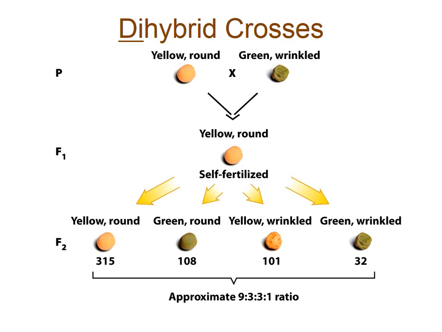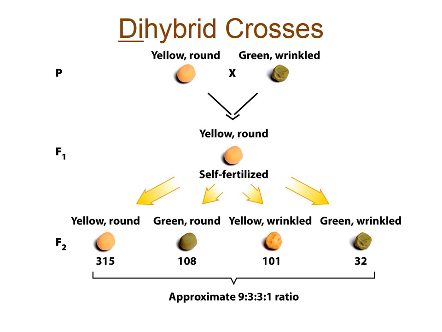So we have a 3-to-1 ratio when we're looking at just one character. But now we have to look at combinations of those characters. Rather than just having 2 phenotypes, yellow-green or round-wrinkled, we have to look at 4 different combinations: yellow-round, green-round, yellow-wrinkled, and green-wrinkled.